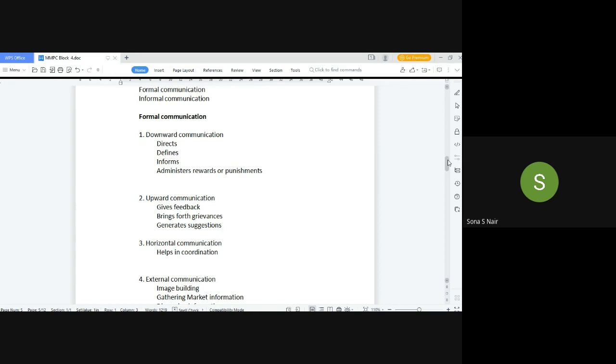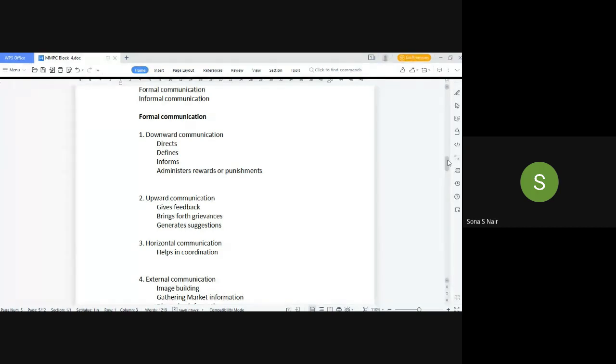There is one type of communication which is flowing from the bottom to the top of the organization, which is useful in giving feedback, bringing forth grievances, also generating suggestions, which are very important for the organization. All these forms of communication are important for the organization. Right, so we cannot say that downward communication is the only thing which is important.